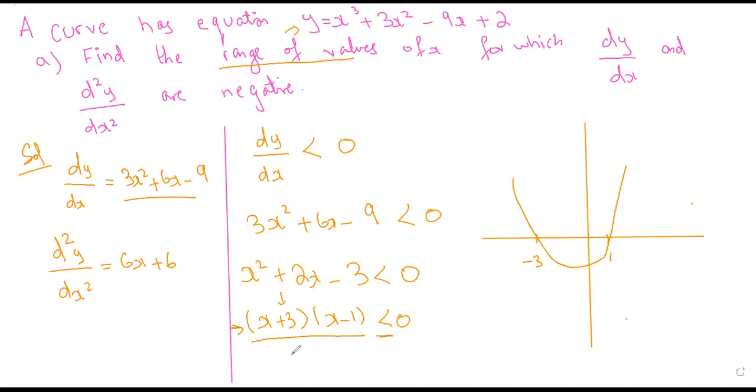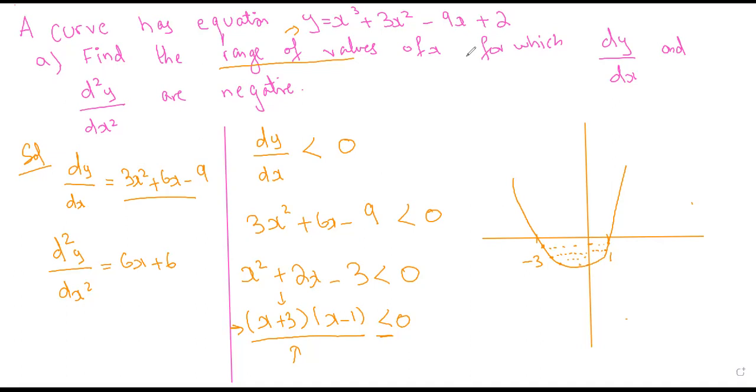How do we solve quadratic inequalities? By plotting the graph. Now this factor is less than 0, so we will talk about the negative values of y. So they are referring to all these points that are basically below the line of x-axis.